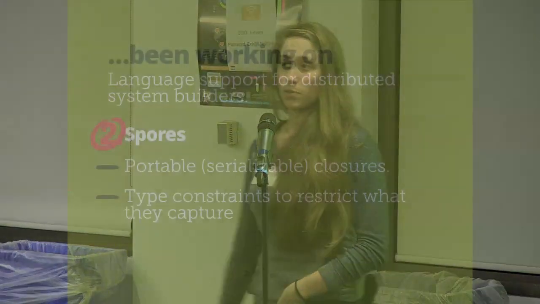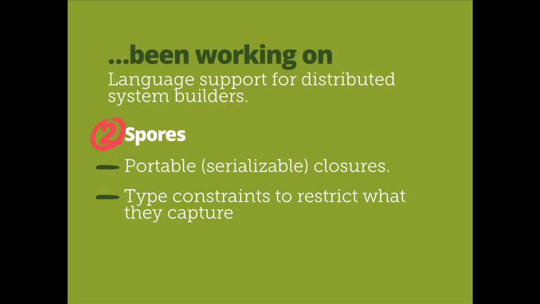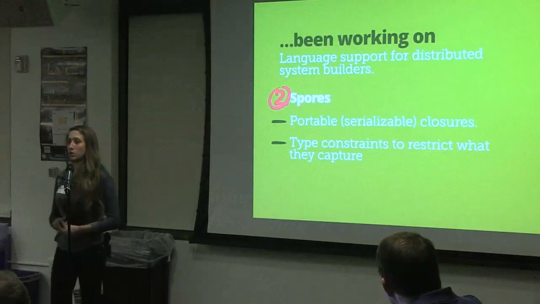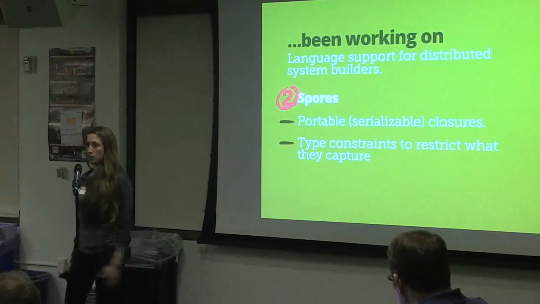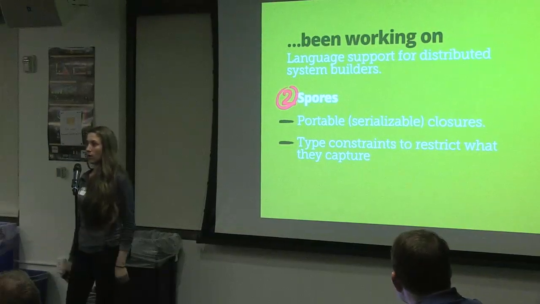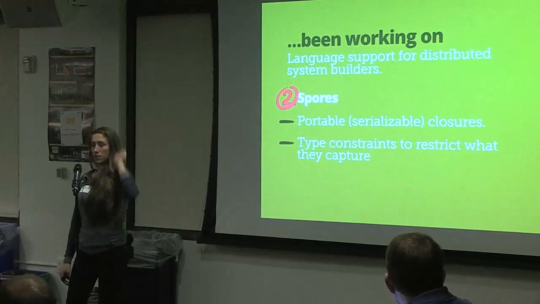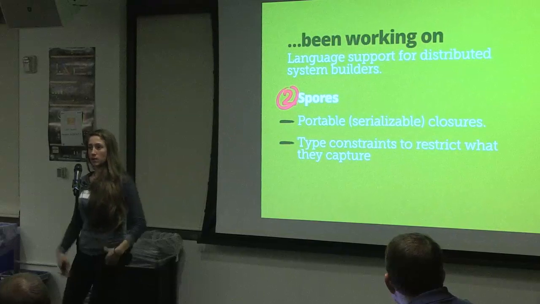And then the other thing is spores. They're a funny name. They are a closure-like abstraction that are safe and guaranteed to be serializable and don't grab crazy object graphs. And so the idea is that you should be able to send these things over the wire and use them in situations where you want to move some function to some data somewhere. That's the goal of this.